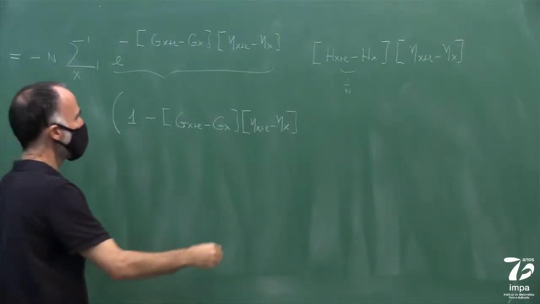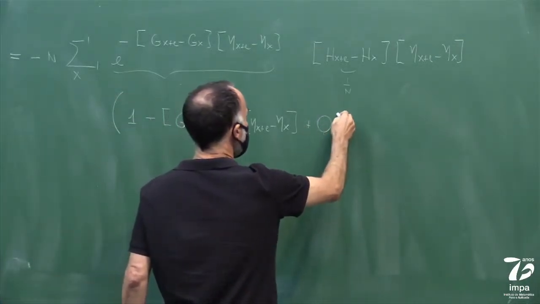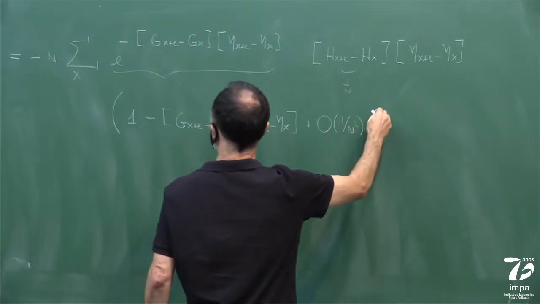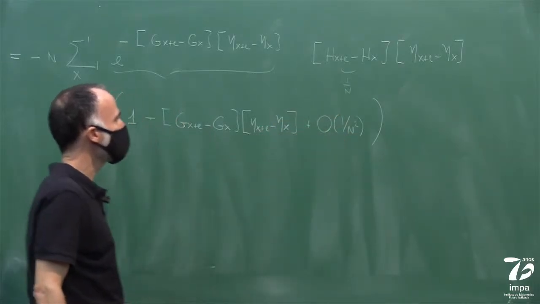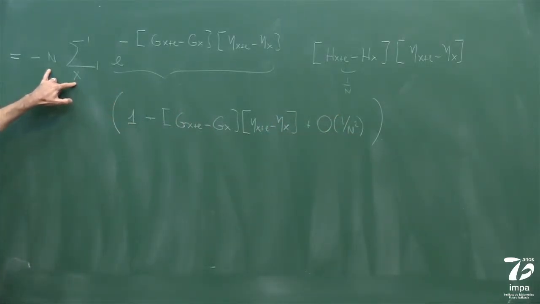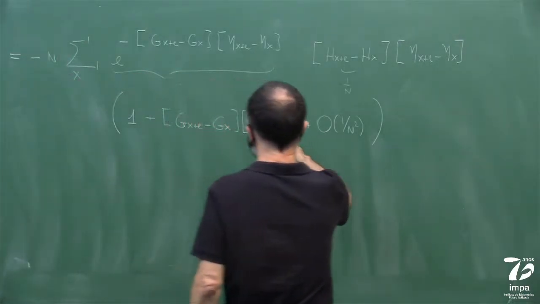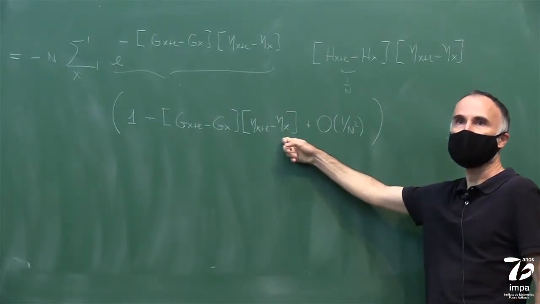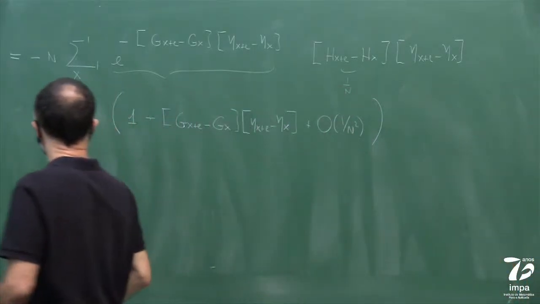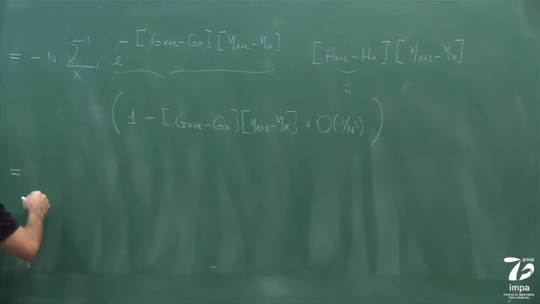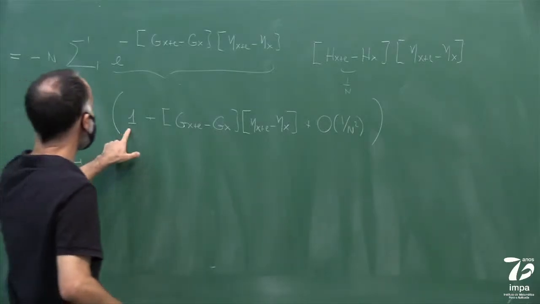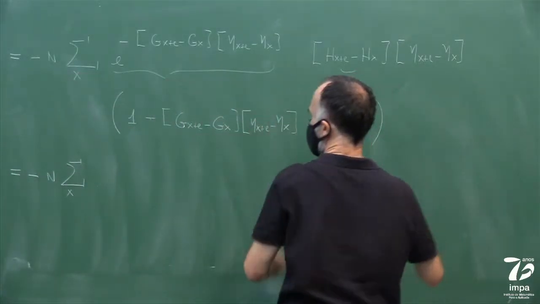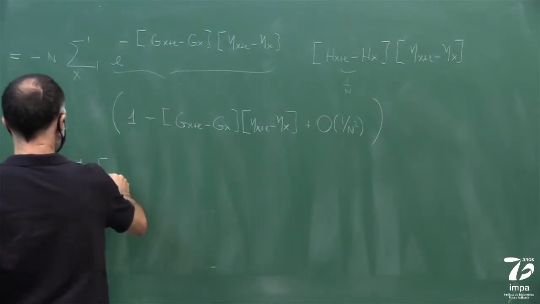And then there's another term here which will be order 1 over n squared. But this 1 over n squared with this 1 over n will give me 1 over n cubed. I have here n squared, so this is small. Okay, so I can just stop my expansion here at 1. Then let me take 1. So 1, it's multiplying this term. And this one, we have seen it also many times.